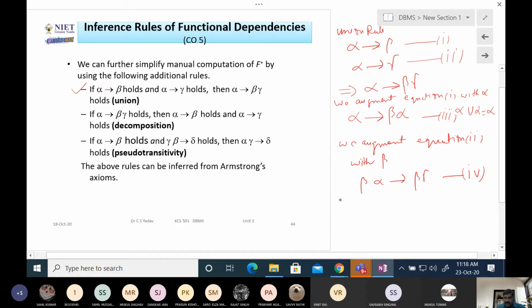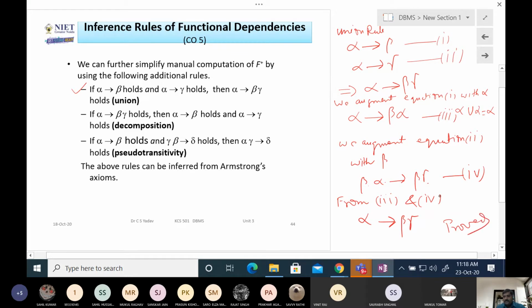Now from equations 3 and 4, if alpha determines beta alpha and beta alpha determines beta gamma, so through the transitivity rule we can write alpha determines beta gamma, and proved.